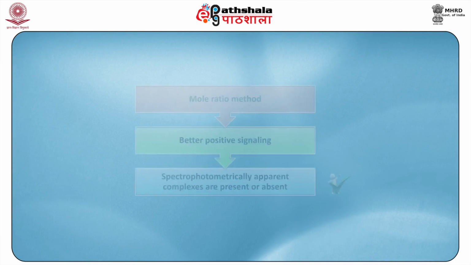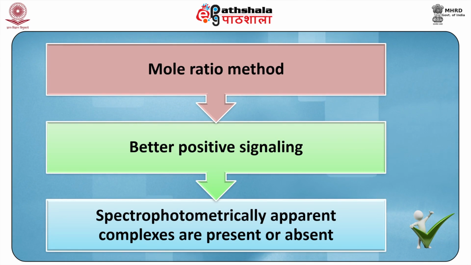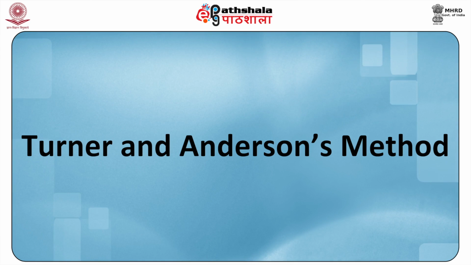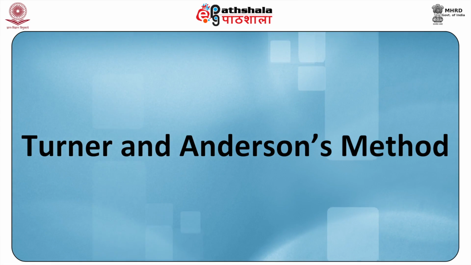The outline of the mole ratio method is applicable to a series of closely spaced wavelengths. Therefore, the mole ratio method offers better positive signaling whether spectrophotometrically apparent complexes are present or absent. Let us now study another method, Turner and Anderson's method.